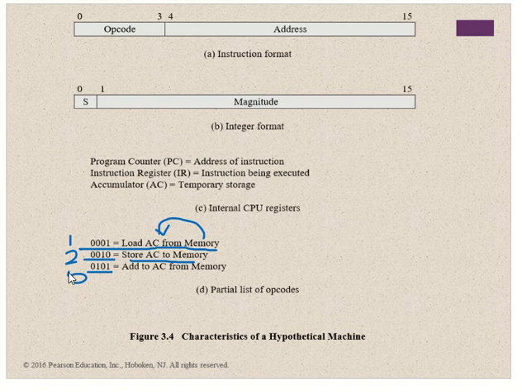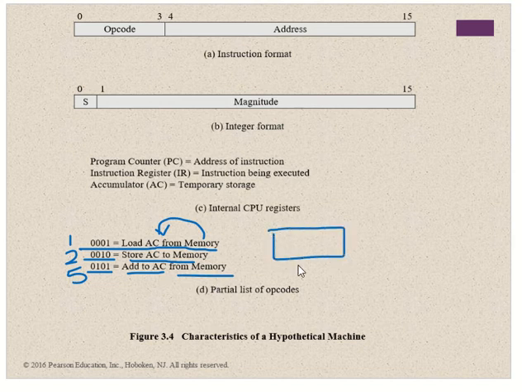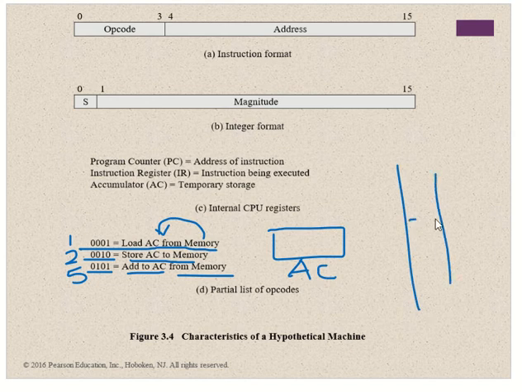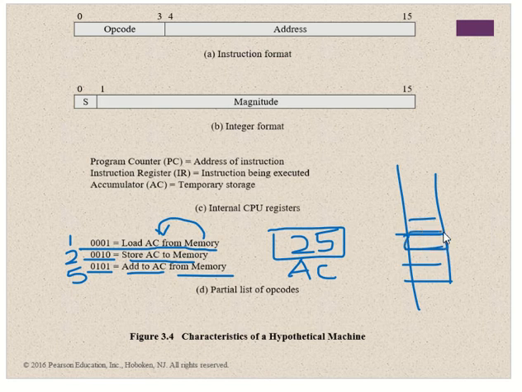And 0101 means 5. 5 means add to AC from memory. What does it mean? You have this accumulator AC and you have data in memory, in many locations. Let's assume the accumulator contains the value 25 and this memory location contains the value 45.